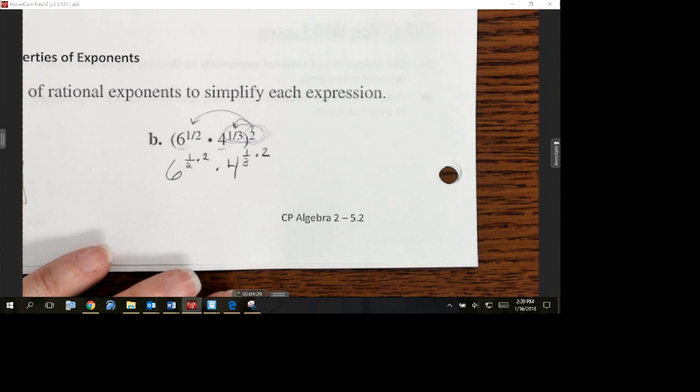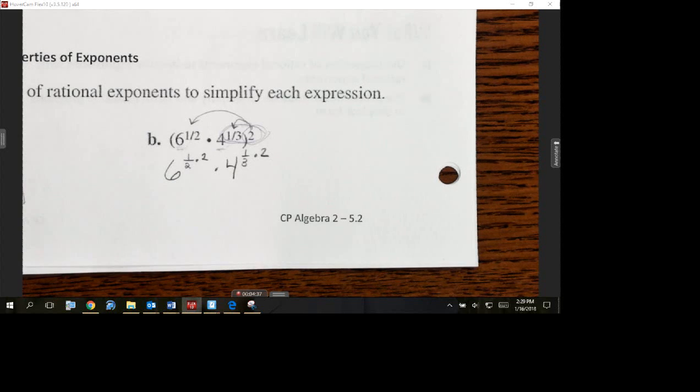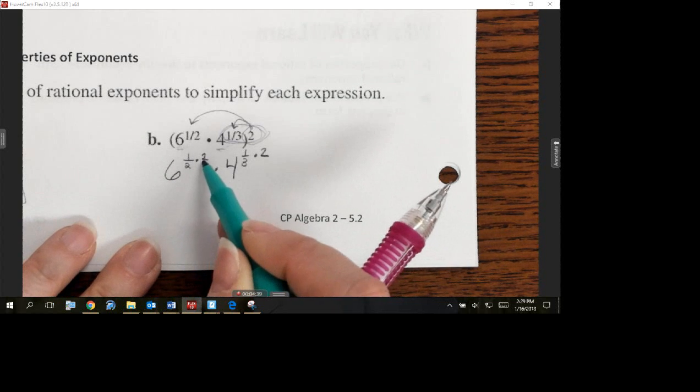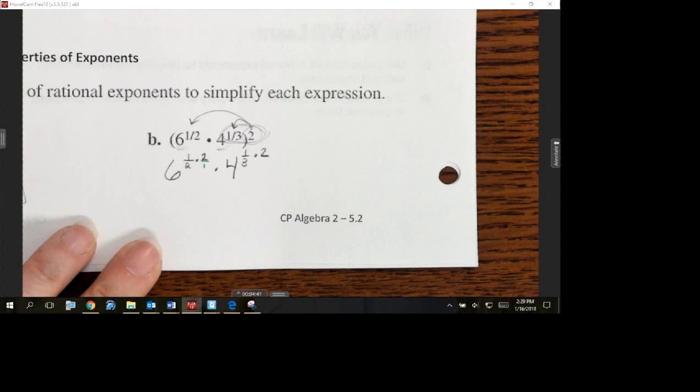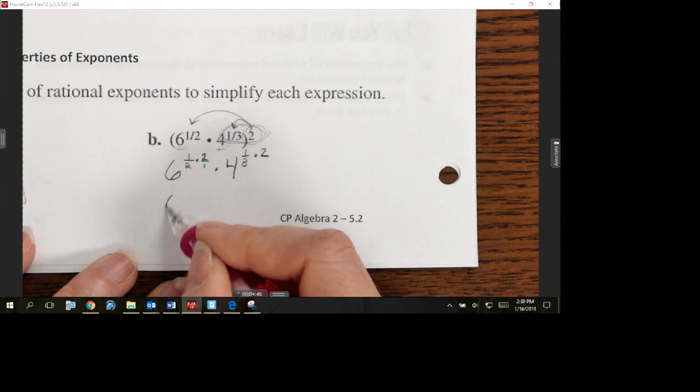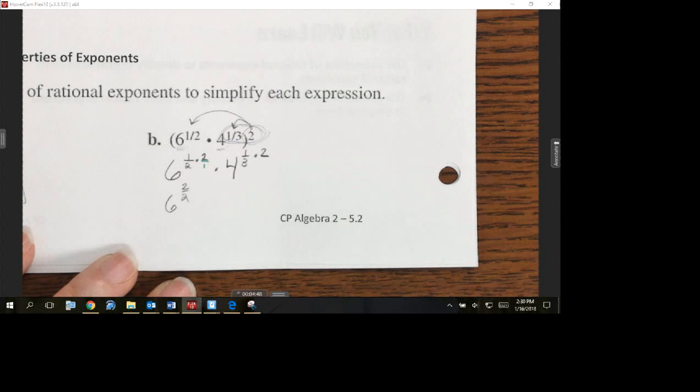And then you say, well, how do I multiply a fraction times a whole number? I put 2 over 1 and multiply fractions straight across, so I'm going to get 6 to the 2/2.